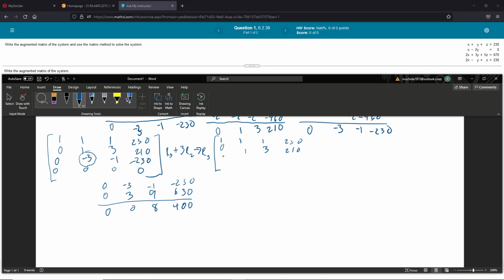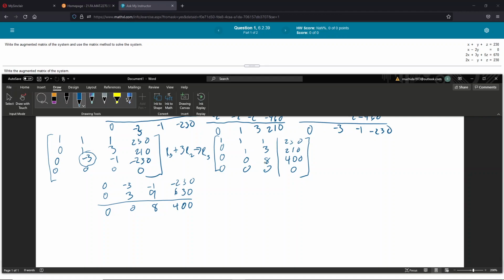So that'll be our new row 3: 0, 0, 8, 400, and then again 0, 0, 0, 0. Now this is in triangular form, because everything below the main diagonal is a 0.